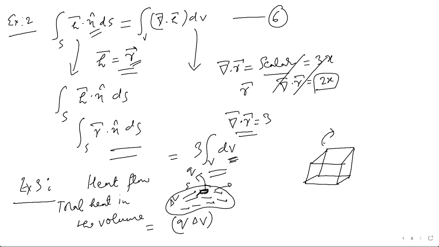And then I divide this entire volume into small dx, dx, dx, and so on, and then I sum over all these. So what will be the total heat in the volume delta V? That was my point. If this was the unit volume, heat per unit volume multiplied by total volume will give you the total heat, right?